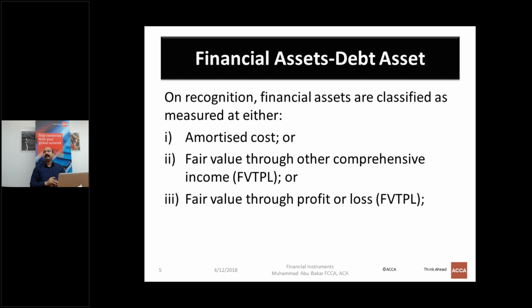If we recall yesterday's discussion, we learned about financial liability that amortized cost is a default position for the financial liability. But if you want to keep financial liability at fair value through profit or loss, it has to meet certain conditions. Like yesterday we discussed that, number one, if it is held for trading.